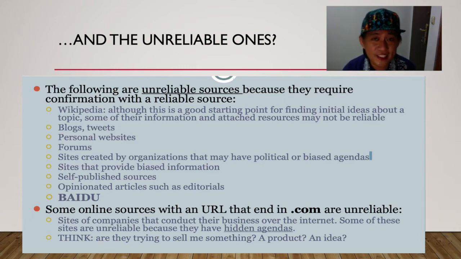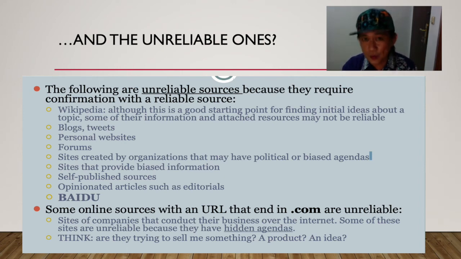You can still go there and check what Wikipedia can offer you, but do not pick anything from Wikipedia. Rather, go to the bibliography part, the sources part of Wikipedia, and study that source, not from Wikipedia itself.